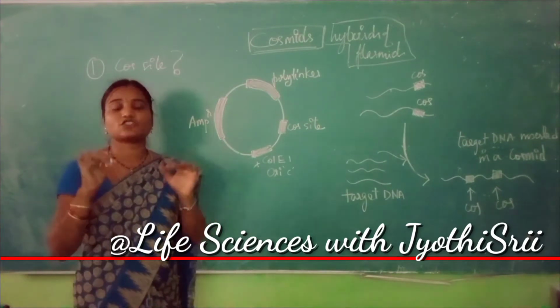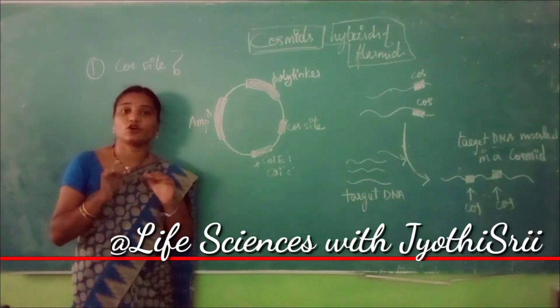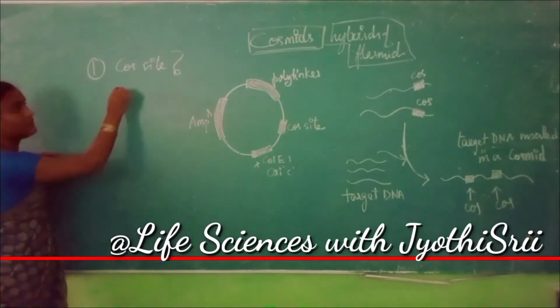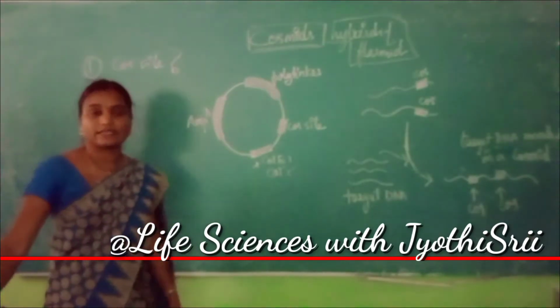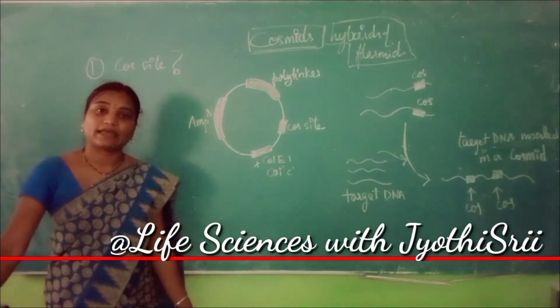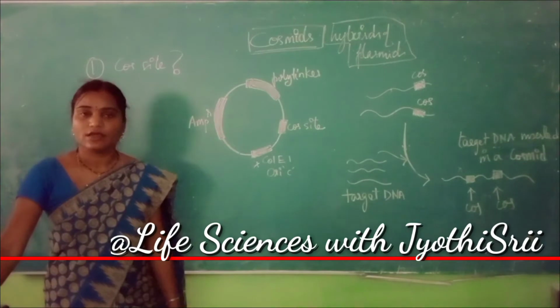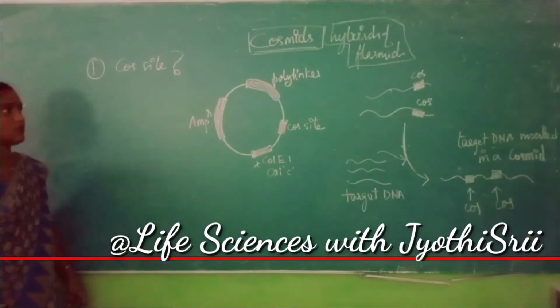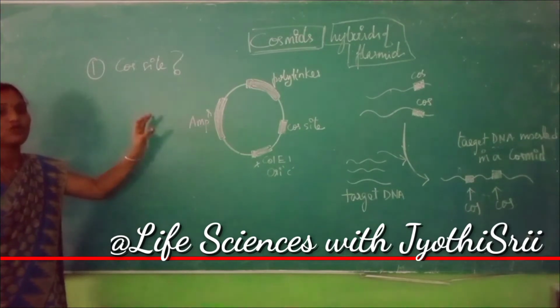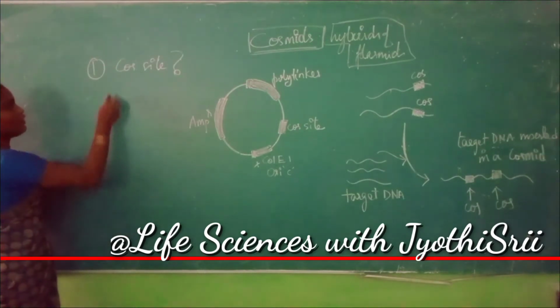So for packaging of the lambda phage DNA molecule, cos sites are present. These cos sites are simply the cohesive ends required for packaging of your lambda phage DNA molecule. So those are cos sites. A cos site of lambda phage DNA molecule combined with a plasmid is nothing but a cosmid.